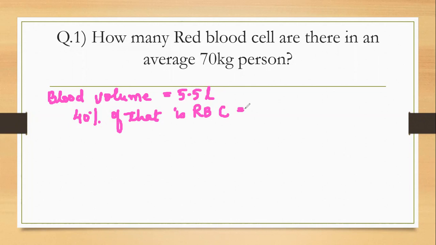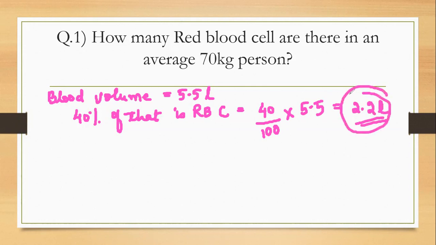By taking 40% of the total blood volume. So you do 40 divided by 100, that is 40% of 5.5, which gives you the value of 2.2 liters. So it means 2.2 liters is the RBC present.